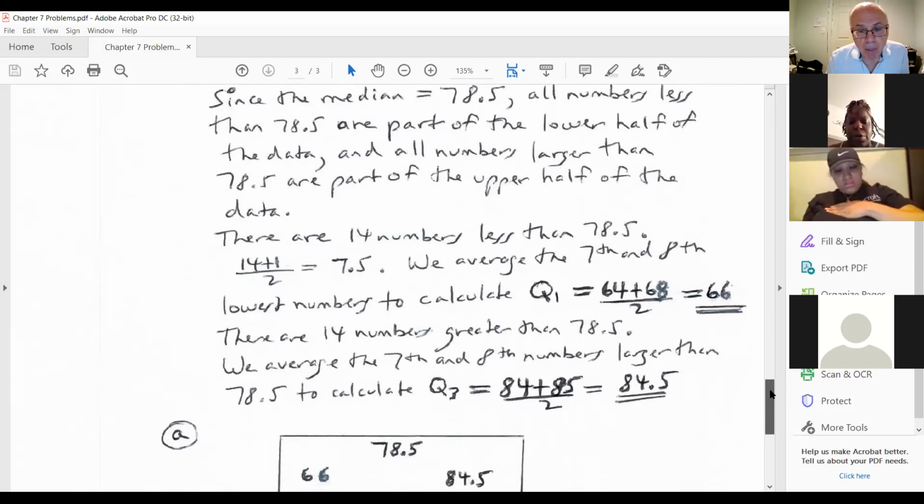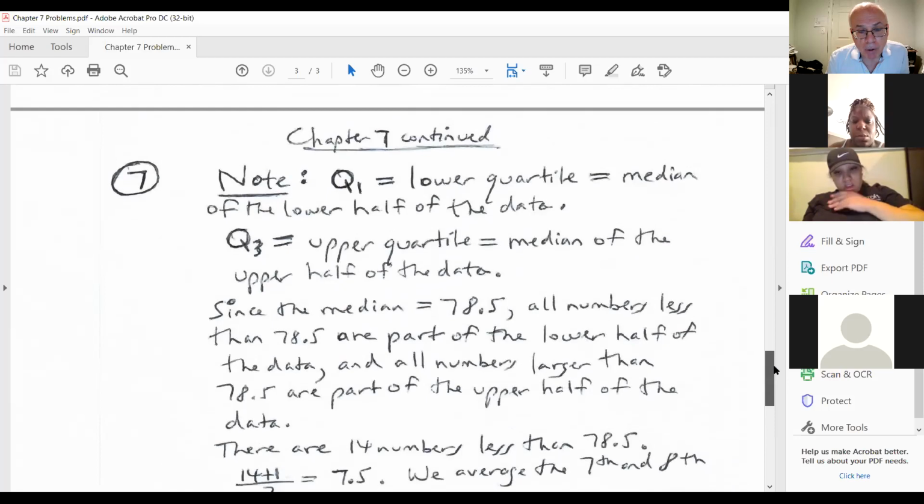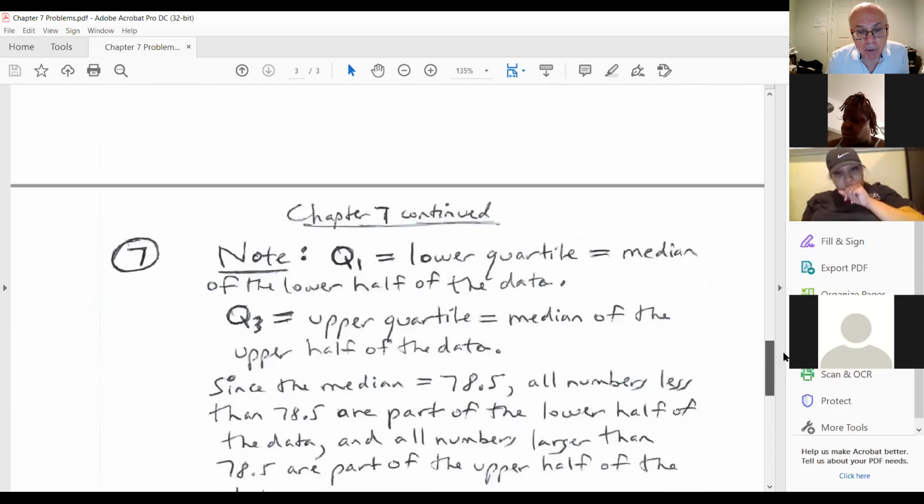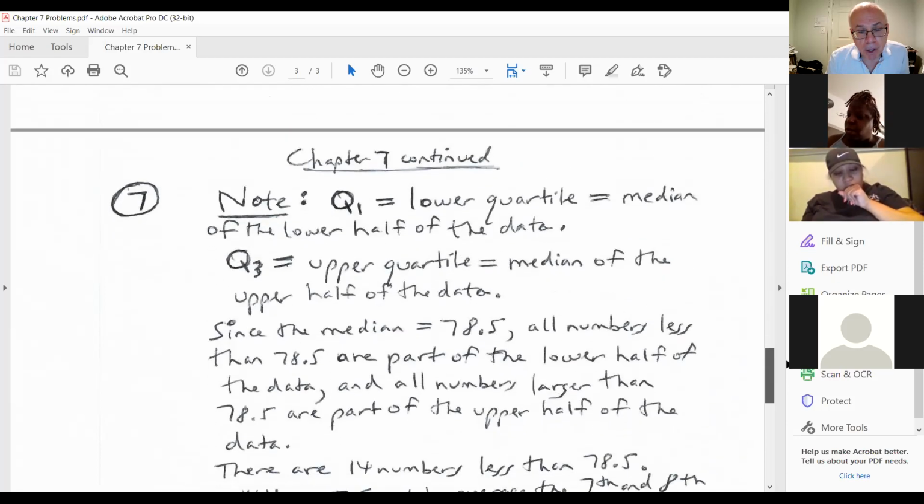Wait a minute, Q3 is what, the upper what? Upper quartile. Think of a quart of milk. Four quarts make a gallon. So what do quartiles mean?